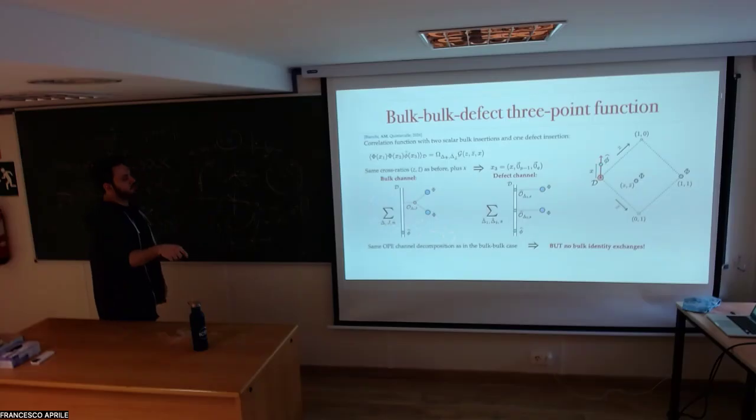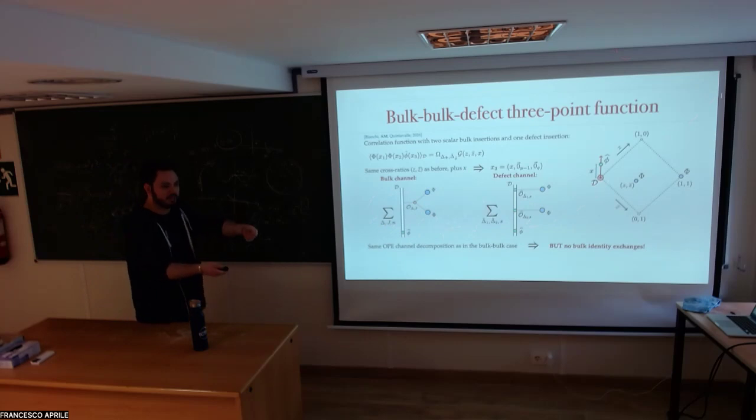And this additional label is mirrored, if you want, in the other channel by the fact that now the two different defect operators can be different. So we have to sum over delta F1 and delta F2. So this is the main difference with respect to the case of a bulk two-point function.